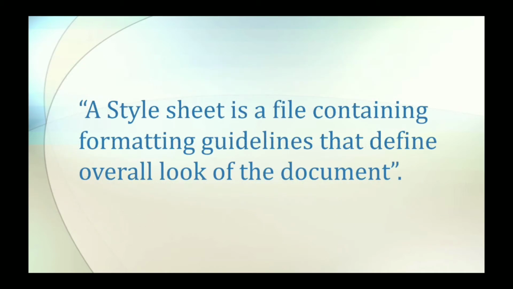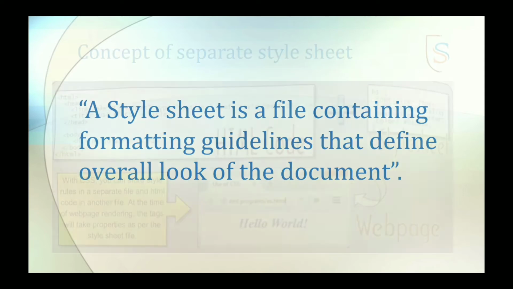We can also say that a style sheet is a file containing formatting guidelines that define the overall look of the document. How we can change the text color, the font style, or many other properties, we can define under the style sheet, which changes or enhances the overall look of our document.